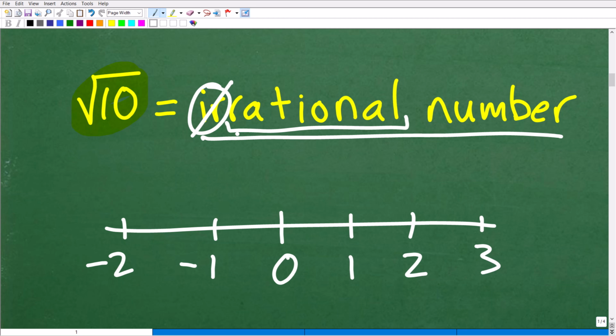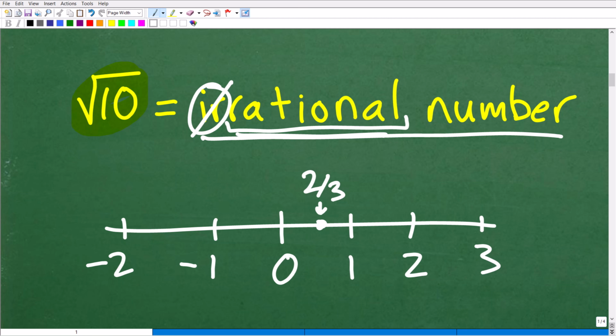Then we have these numbers called rational numbers, which are fractions or numbers that can be expressed as fractions using integers. So let's say a fraction like 2/3 would be located right here. Okay, I could take 2 and I could take 3. So this would be a rational number. Again, any number that you can express as a fraction of integers is what we call a rational number.